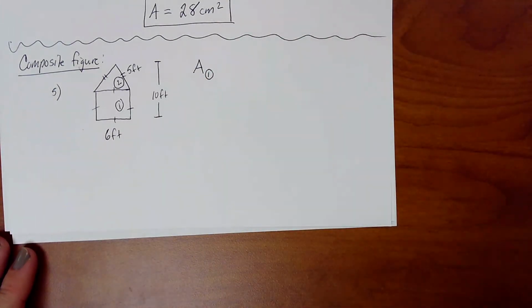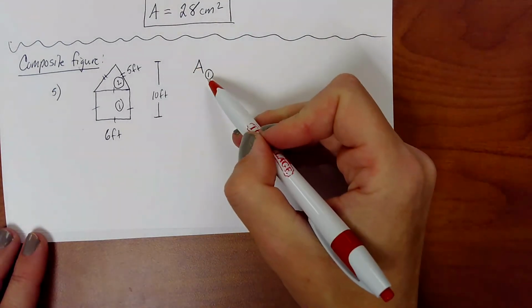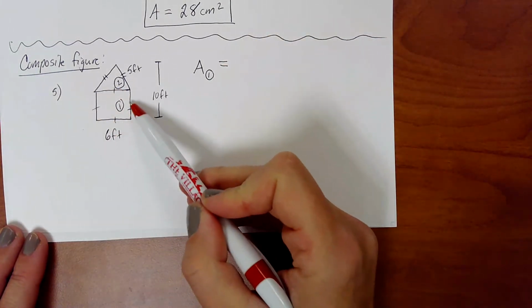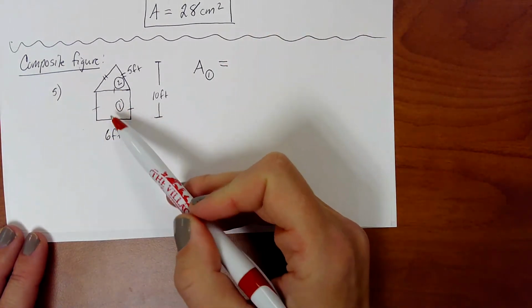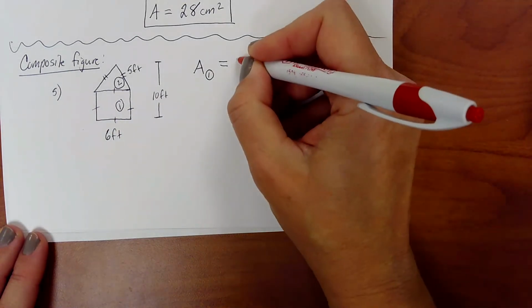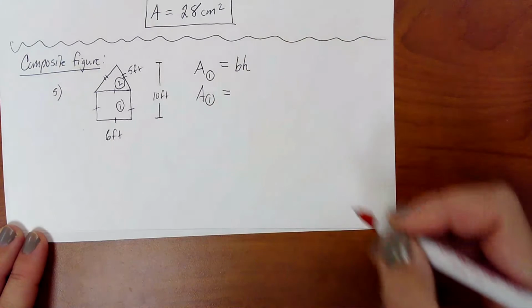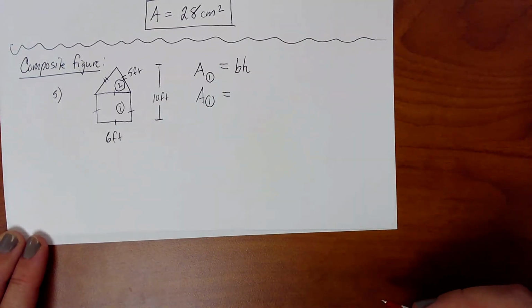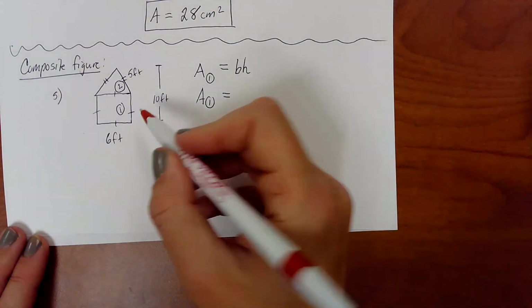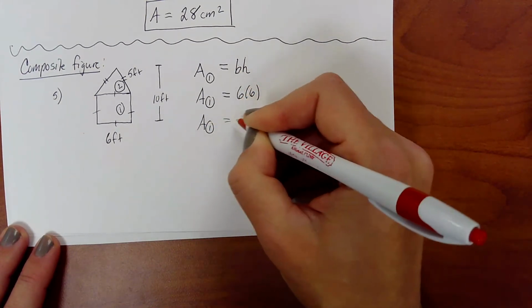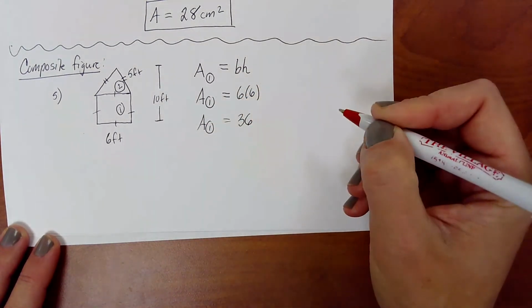Sub means under. So area of section 1. Well, what is section 1? It's a square. What would the formula be for that? Base times height. What are the base and height of the square? 6 by 6, right? So the square is 36.